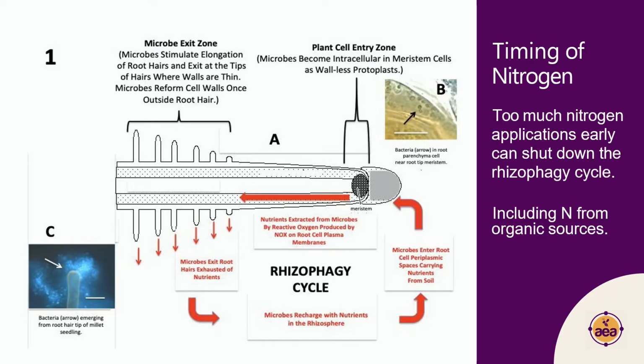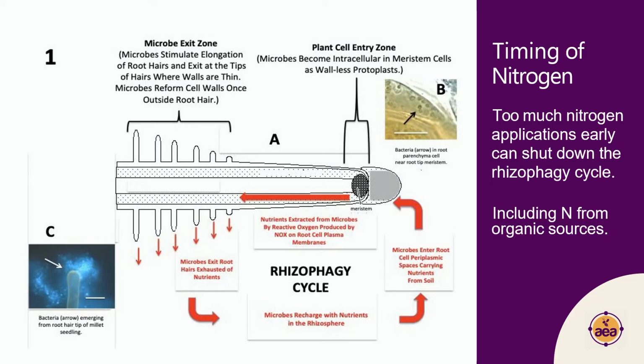So our approach is that we use microbial inoculants and biostimulants as seed treatments and in the furrow at planting with no nitrogen application at planting, unless we know for certain that the soil is extremely nitrogen deprived and that we may need to add a small amount.